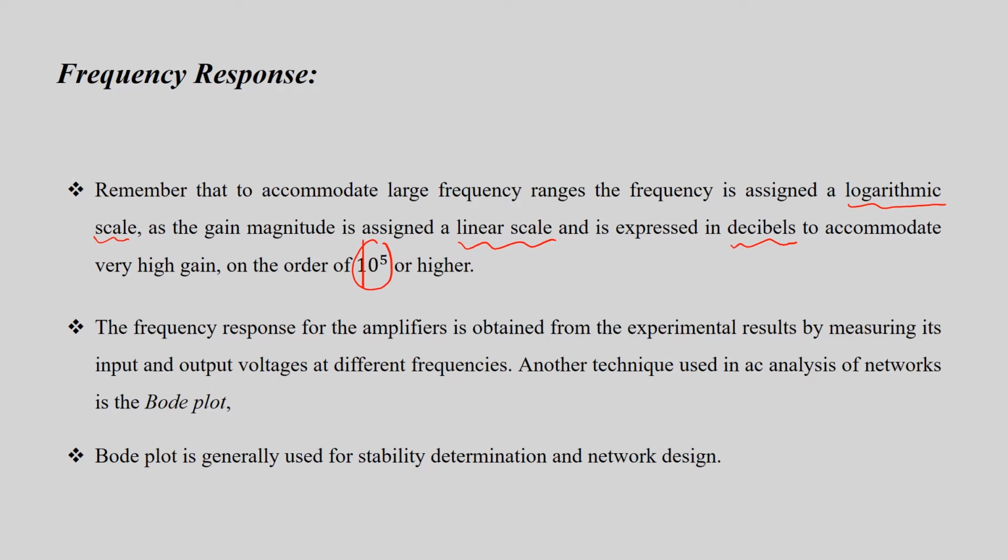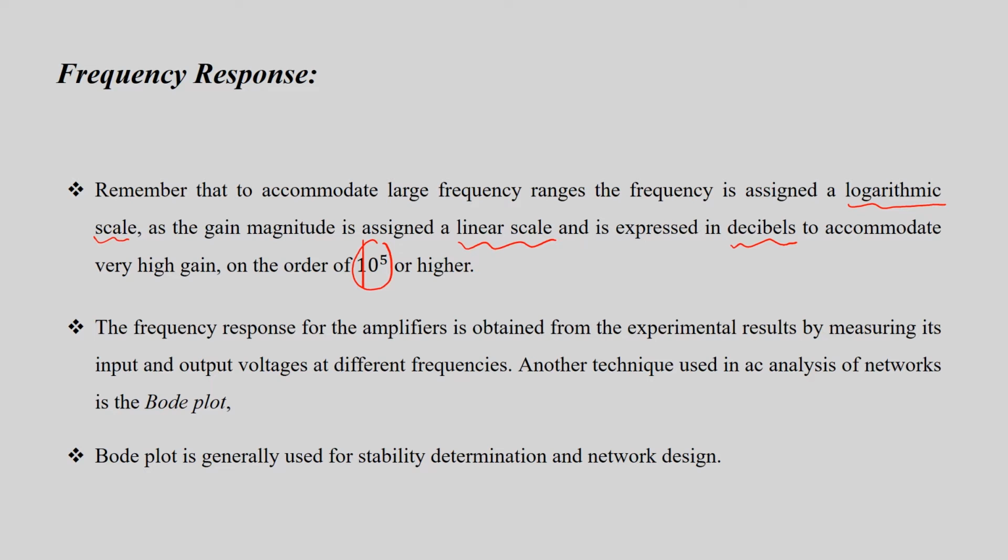Another technique used in the AC analysis of networks is the Bode plot, composed of the magnitude versus frequency and phase angle versus frequency plot.